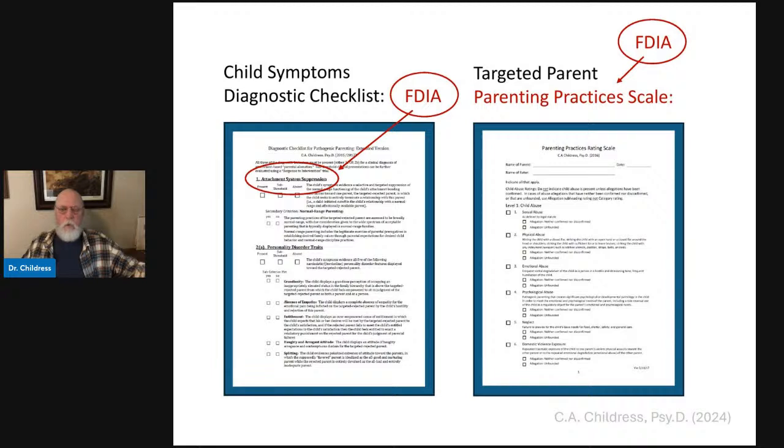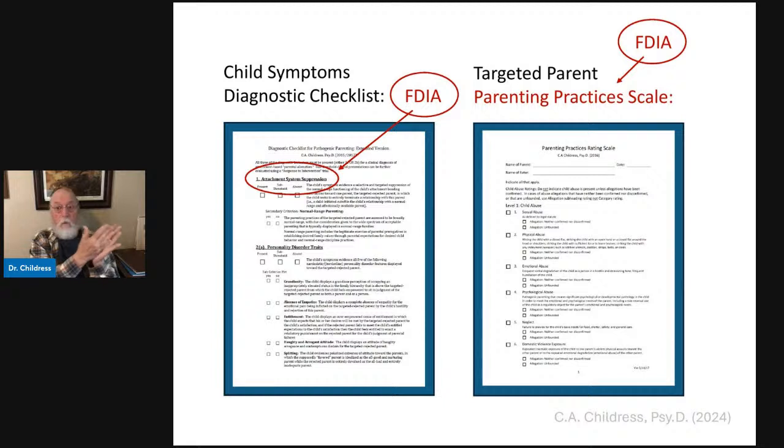The other location, though, is it's also on the child symptoms diagnostic checklist. It's diagnostic indicator 1, attachment system rejection towards a normal range parent. And so diagnostic indicator 1 is the factitious disorder diagnostic symptom. Okay, is the child rejecting a normal range parent? How do we define normal range? The parenting practices rating scale.